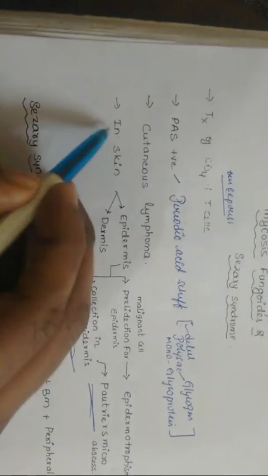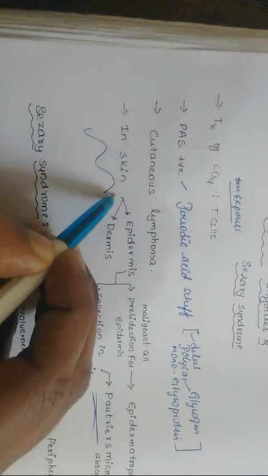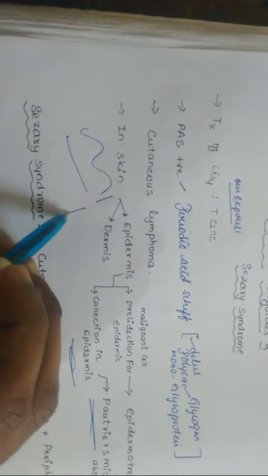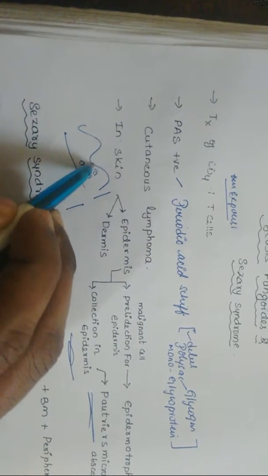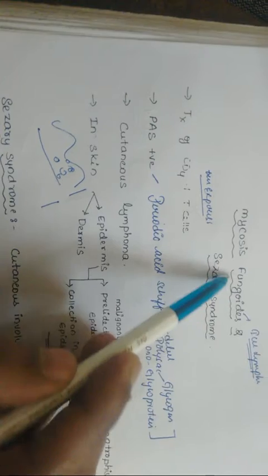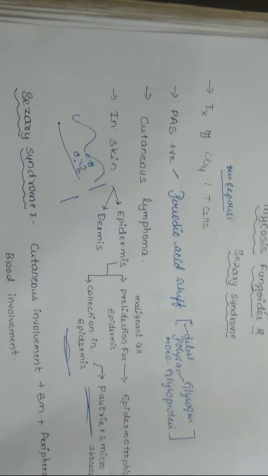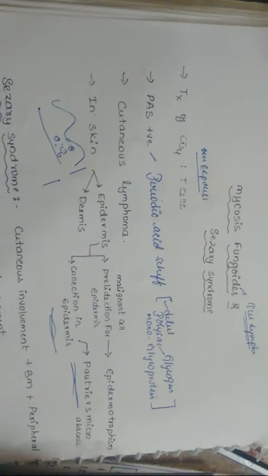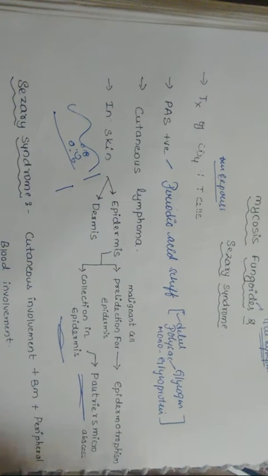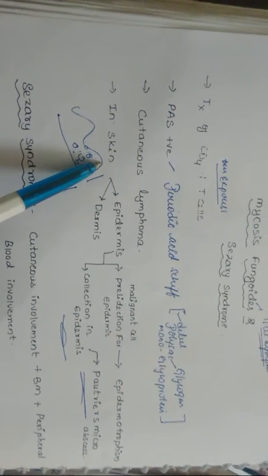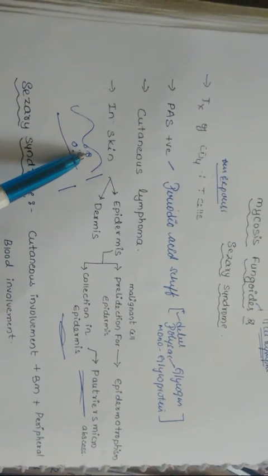And remember that this is our skin. When I take a section of the skin, you have got epidermis and dermis. Skin has lymphatic tissue, right? Now what happens in mycosis fungoides is that the lymphatic tissue present in the skin has been affected. In the epidermis you have got Langerhans cells.